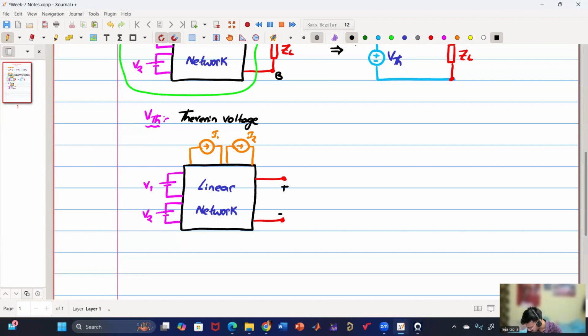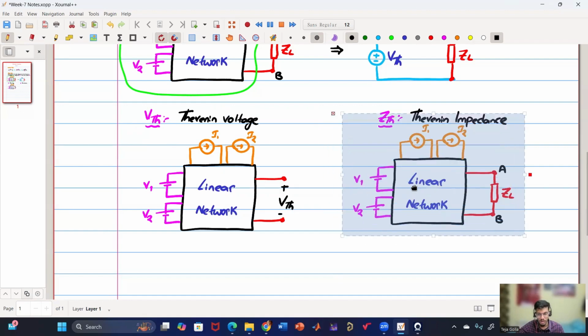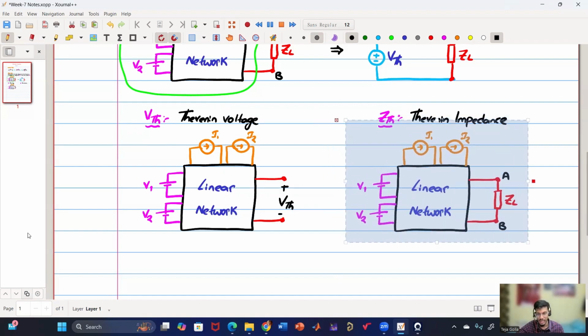This is VTH. So once the load is disconnected and you calculate the voltage at that terminal, that open circuit voltage is called the Thevenin voltage. And how do you calculate the Thevenin impedance, which is what we are calling ZTH?